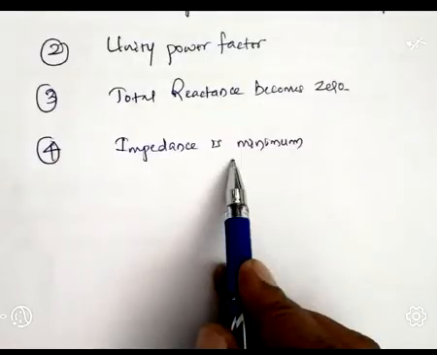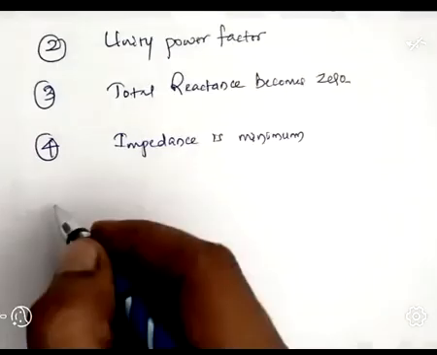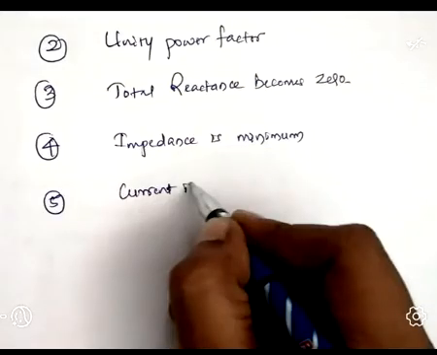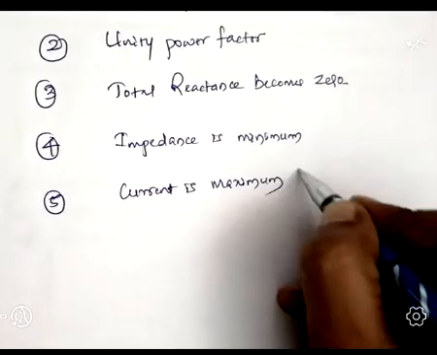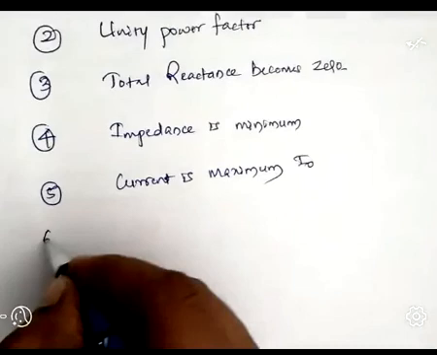Next point, the current in the series resonance circuit is maximum. That is I naught. Under resonance, the circuit acts as a voltage amplifier. This is very important.